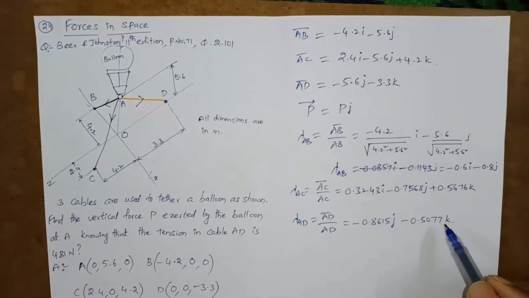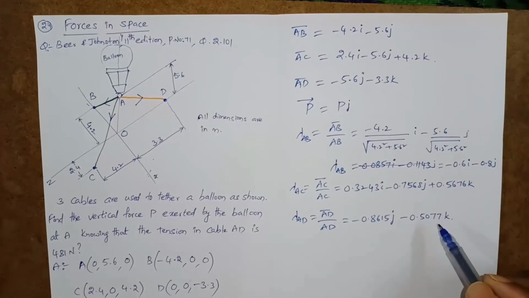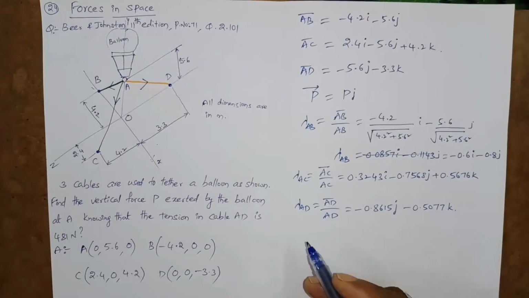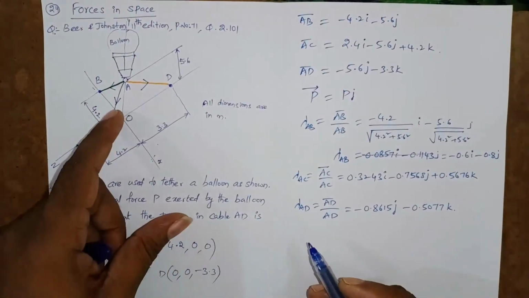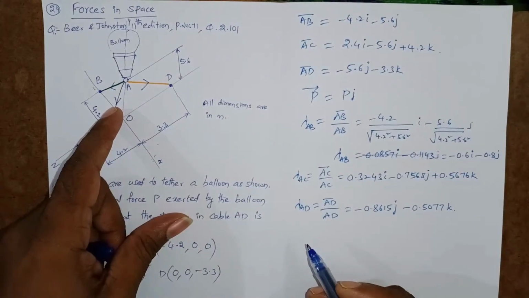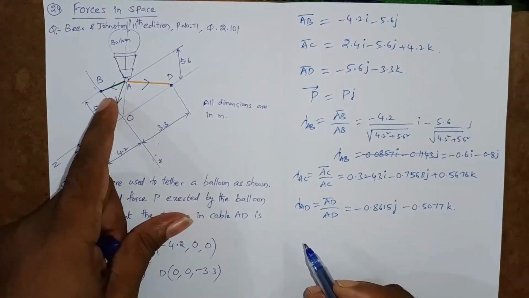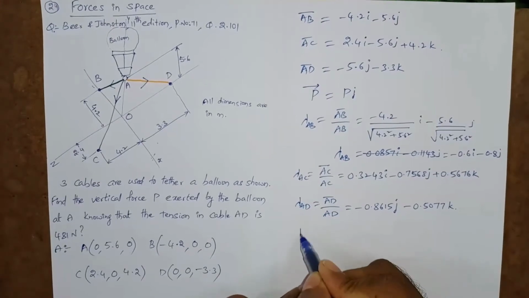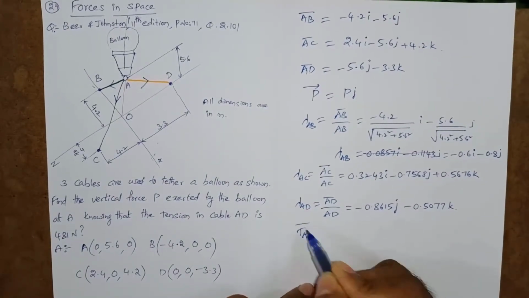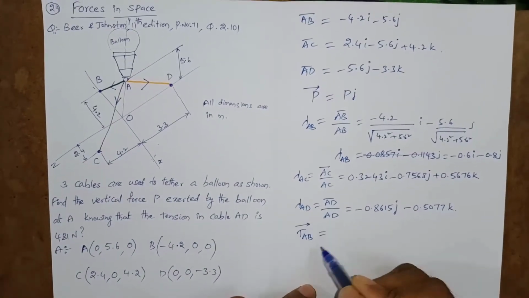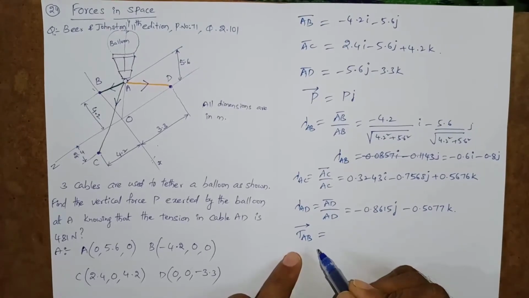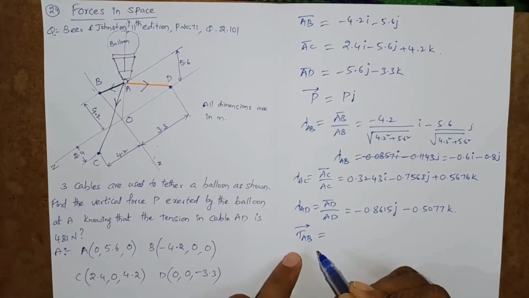Now let us represent the tensions in the cables in vector form. Assume the magnitude of the tension in cable AB is TAB, then the complete vector TAB bar. This tension is a force and it is a vector, so it has both magnitude and direction.